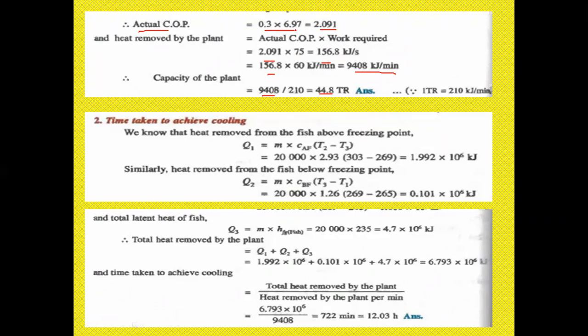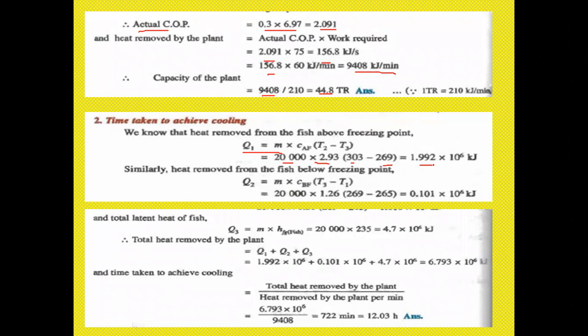Now the time taken to achieve the cooling. We know the heat removed from the fish above the freezing point, Q1, is equal to M into C, T2 minus T3. Directly substituting 20,000, 2.93, 303 minus 269, we get approximately 2 into 10 to the power of 6 kilojoules.